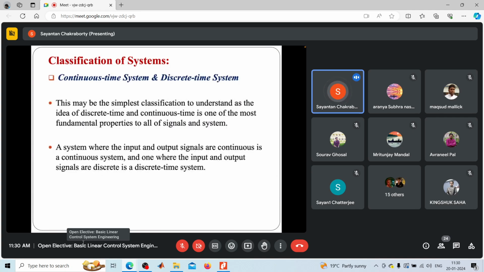Like in a practical situation, whenever you're dealing with a digital computer in a process control, the analog signals are coming in an analog fashion, that is, continuous with respect to time. But the digital computer will then discretize the signal and act on the discrete intervals of signal, not on the entire signal.